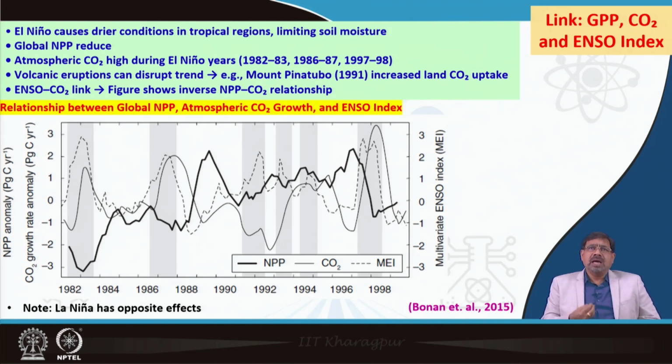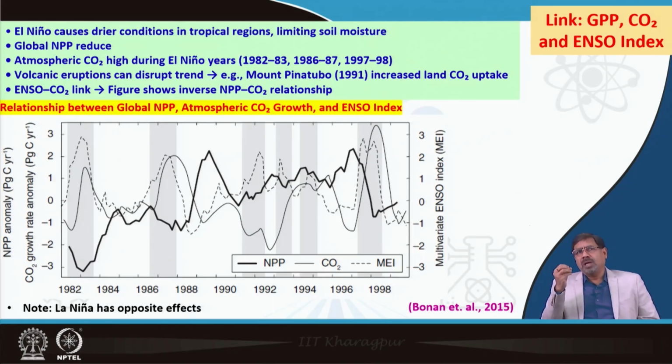The third point, atmospheric carbon dioxide is high during the El Nino years. During 1982-83, 86-87, 97-98, it has been found that the atmospheric carbon dioxide is high. Why? Because photosynthesis is less. Photosynthesis is nothing but the carbon dioxide withdrawal process from the atmosphere.